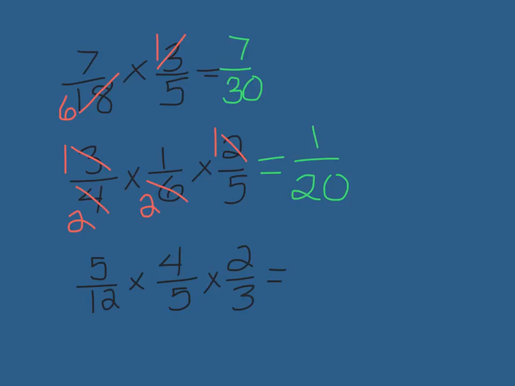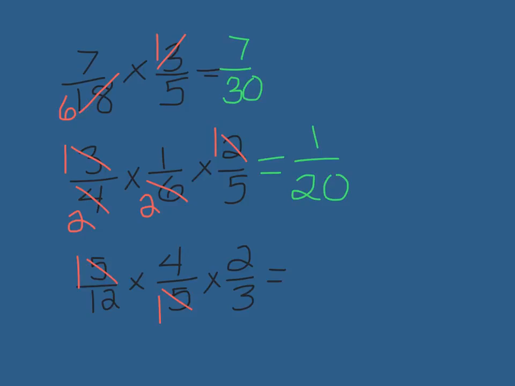So now I want you to try 5/12 times 4/5 times 2/3 and come back and check it. So as I take a look here, I've got a 5 and a 5, so I can make those ones. Now I have a 2 up here and a 4 up here. I can choose one of them.